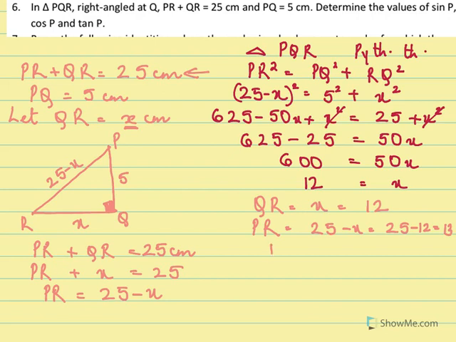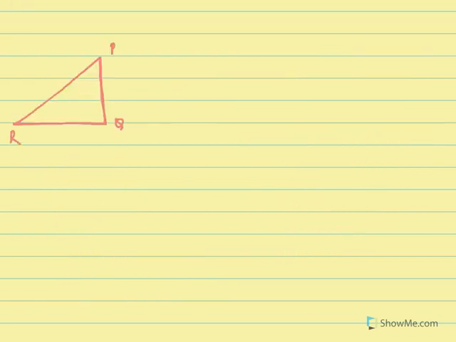And PQ is equal to 5. We've got all the three sides and we can now find the values of P. So we'll put the values. Now RQ was given as 12, which was x. Here we found this 25 minus 12, which was 13, and this was given as 5. And we need to find the values of P. So if this is P, here we have perpendicular, this is base, and here is the hypotenuse.